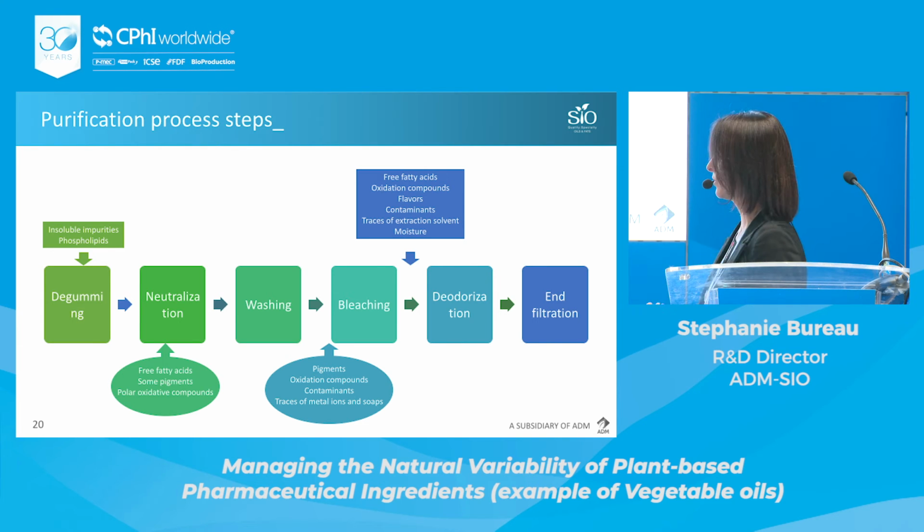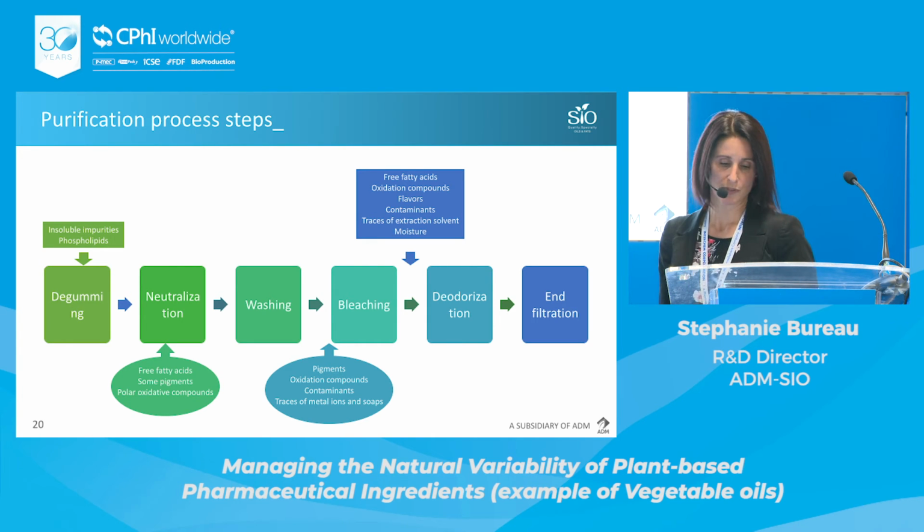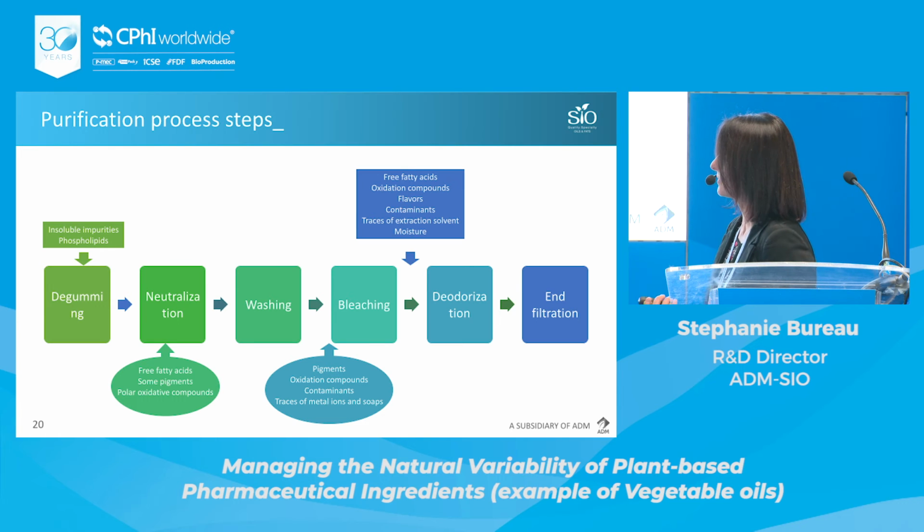It's not the case of all the oils, but it's the case, for example, of soybean oil, not for olive. But the aim of this step is to remove the phospholipids. And in addition, it also allows to eliminate some trace metals, hydrophilic contaminants, and polar oxidation compounds.